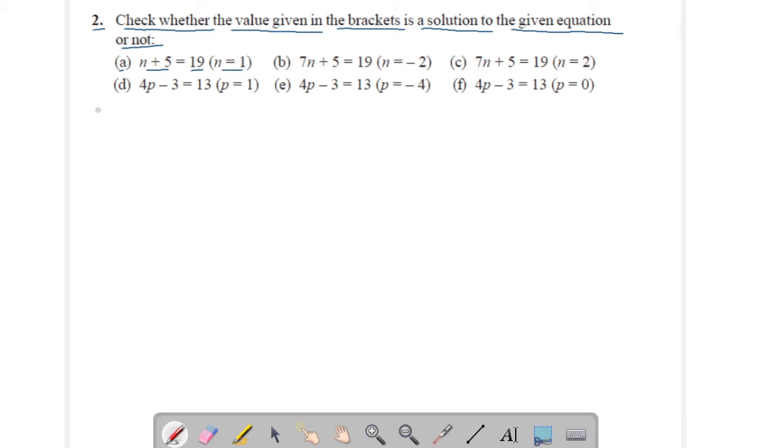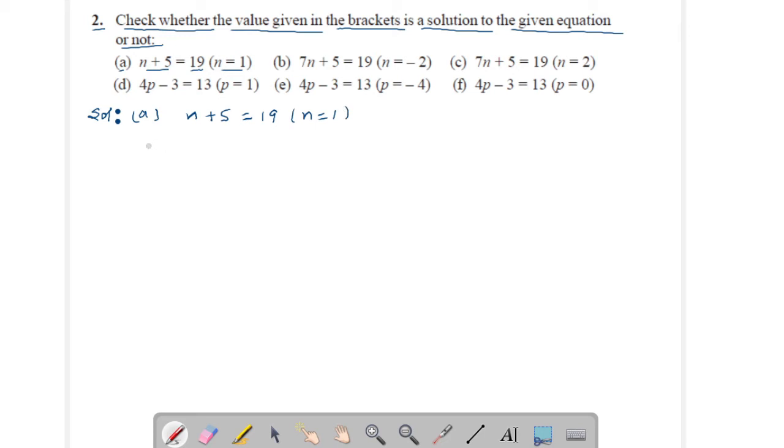See the solution. A part. Here n plus 5 equal to 19 and n equal to 1.